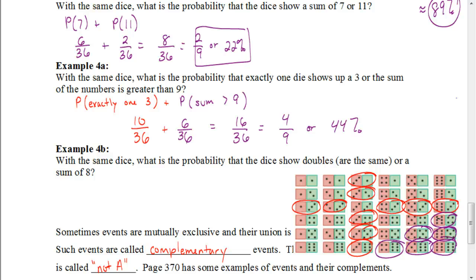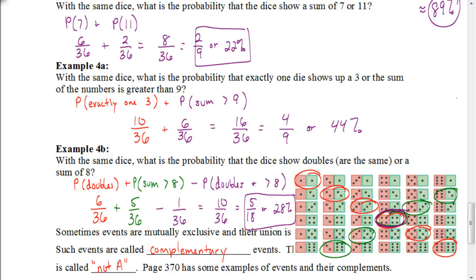Now, let's check to see how you did in example 4b. Here, you should have gotten that the probability of getting doubles and the probability of getting a sum of 8 is not exclusive, because as we look at the diagram, there is a situation where we have doubles that's exactly equal to 8. So we have to subtract that because we don't want to include it twice.